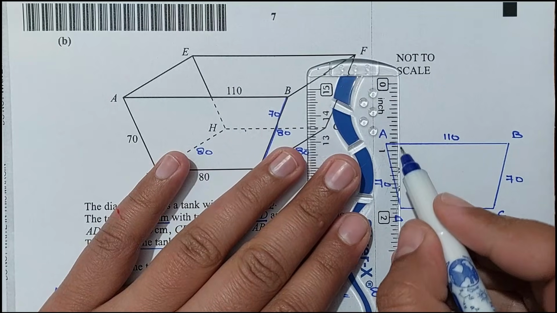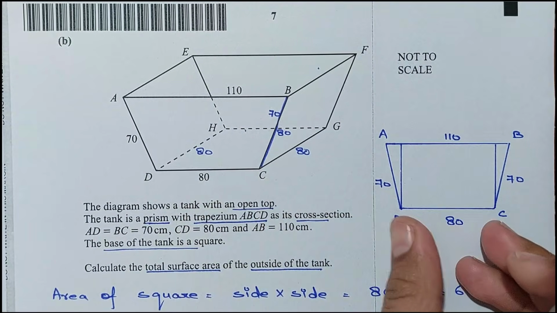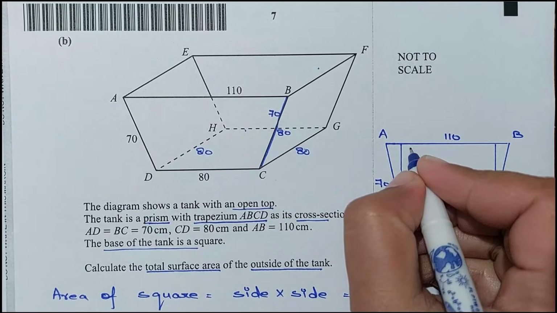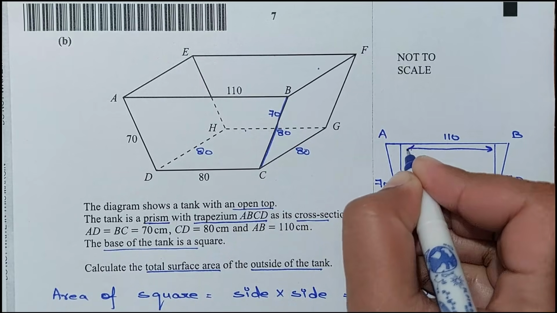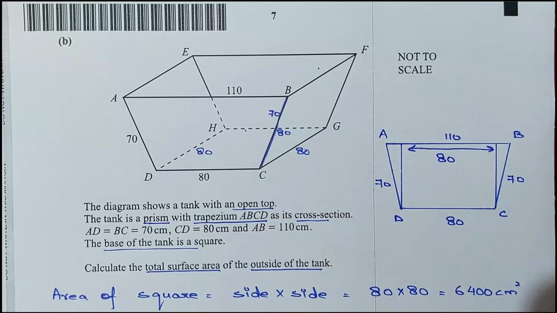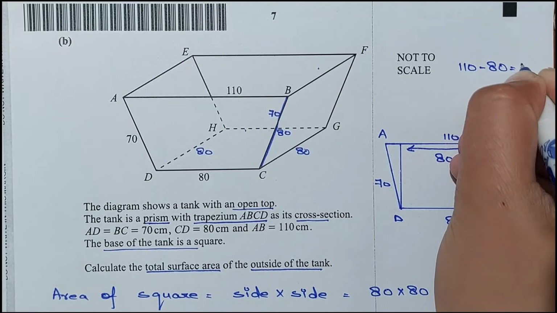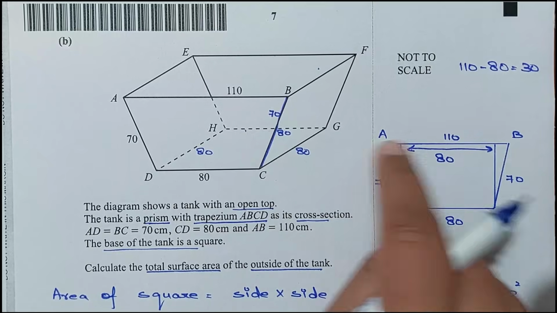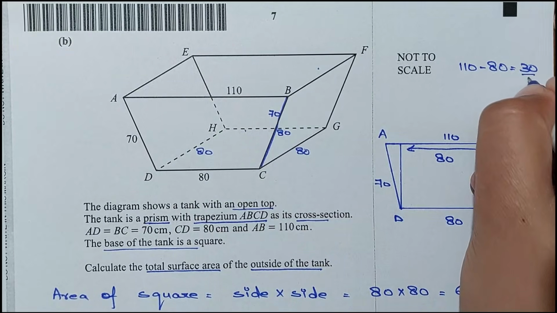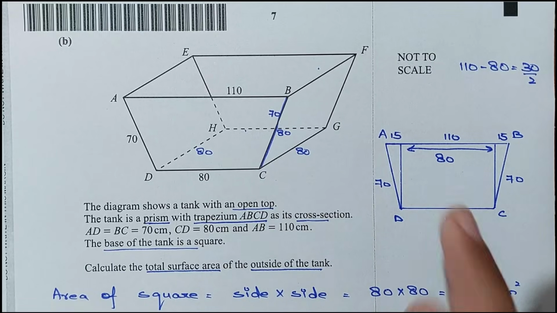If I draw a straight line from here and a straight line from here, you can see this whole length is also equal to 80. You have to break the rest of the length. How much is left? From 110 subtract 80, this would be 30. So these two lengths are split into 30 divided by 2, meaning this length is 15, this length is also 15. 80, 15, and 15 is 110.